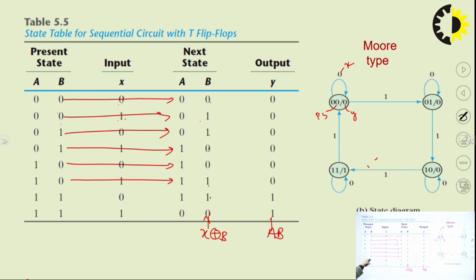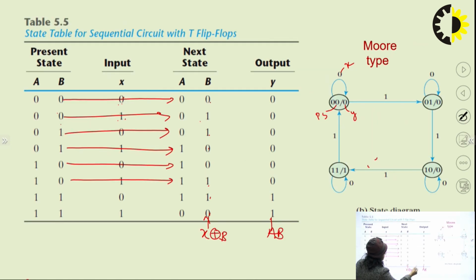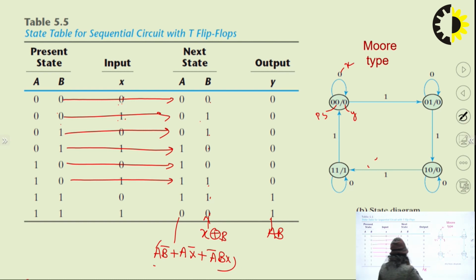So when one of the inputs is 0, output is 0, when both are 1, output is 1. And for A(t+1), we use this equation: A B bar plus A X bar plus A bar B X. So for this, we write A B bar plus A X bar plus A bar B X to calculate next state.